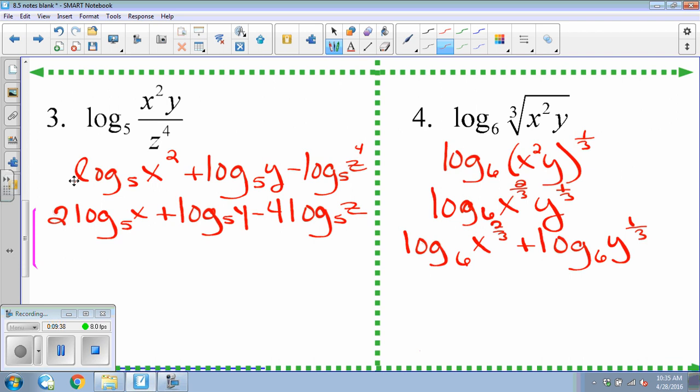Now that they're separated, we can move our exponents to the front. So it'll be 2/3 log base 6 of x plus 1/3 log base 6 of y.